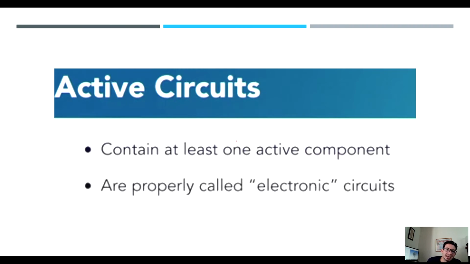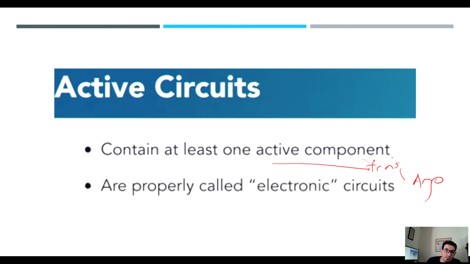So, in other words, active circuits contain at least one active component, the same way that passive circuits can only have passive components. An active circuit, like a microcontroller, needs to have at least one active component, so either a transistor or an amplifier.